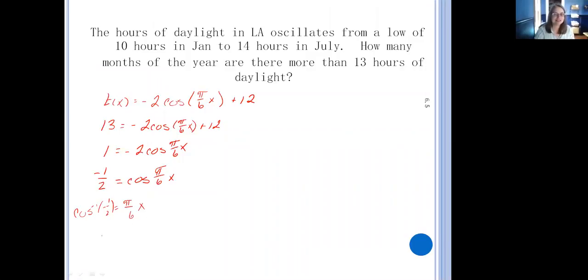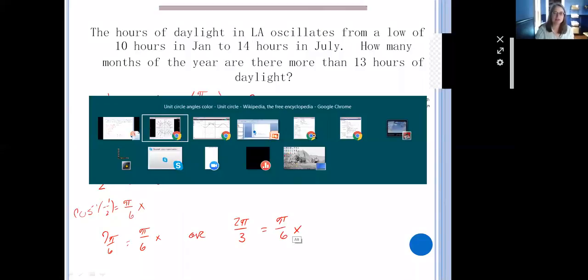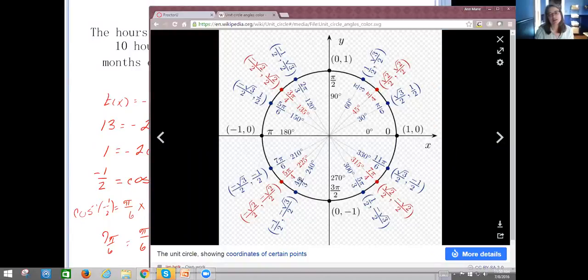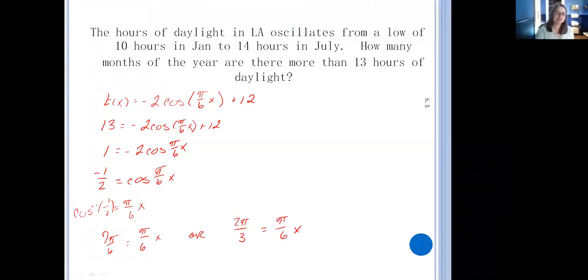That means that 4 pi over 3 equals pi over 6x, or 2 pi over 3 equals pi over 6x. Cosine negative 1/2 at 2 pi over 3 and 4 pi over 3. Remember that the cosine comes from the x coordinate.